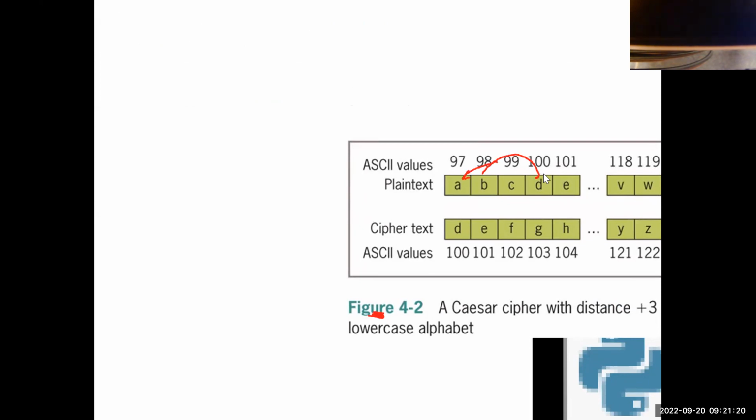But what happened here? C here, overflow, right? And B here, overflow. So basically, this one here, you have to come over to the other way here. So in order to do that, you have to modify the program.